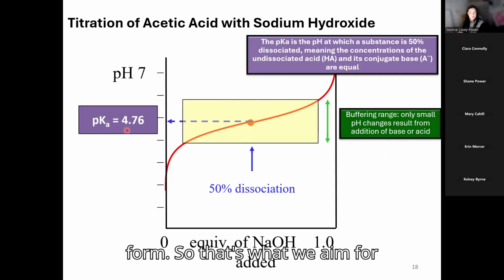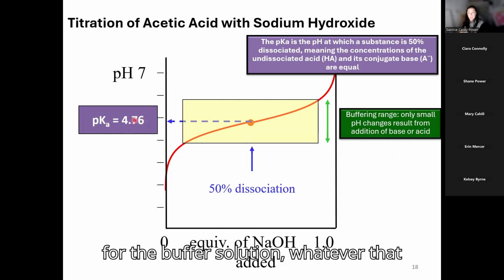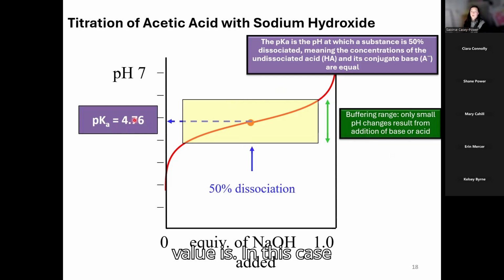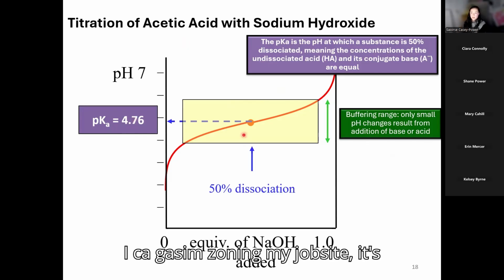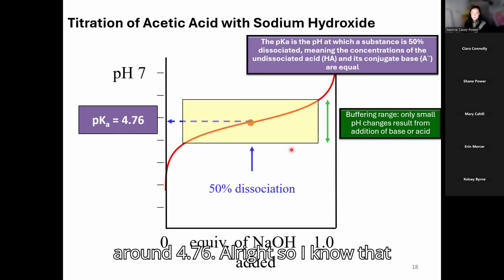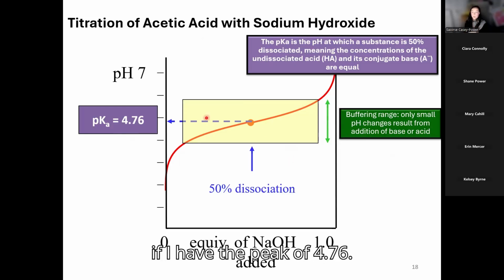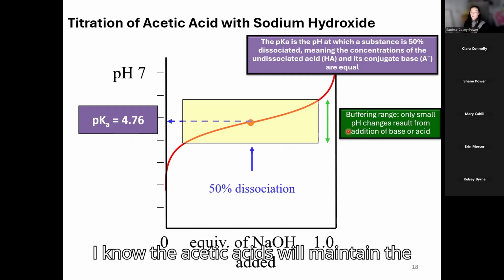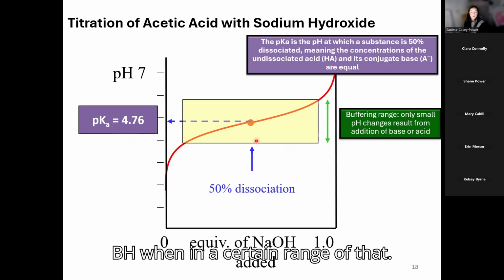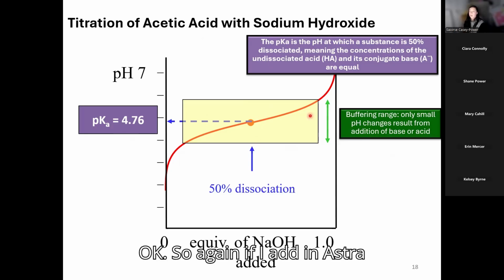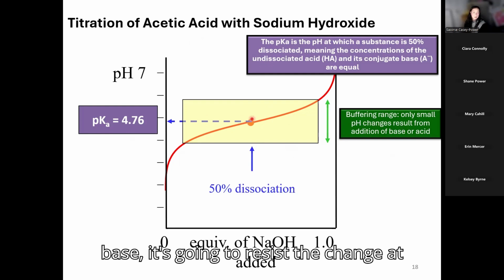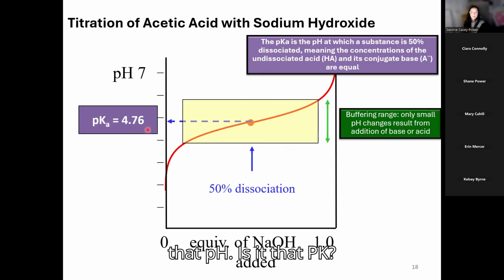That's what we aim for in the buffer solution, whatever that value is. In this case, for acetic acid and sodium hydroxide, it's around 4.76. So I know that if I have the pKa of 4.76, the acetic acid will maintain the pH within a certain range of that. If I add in an acid or a base, it's going to resist the change at that pH because it's at its pKa.